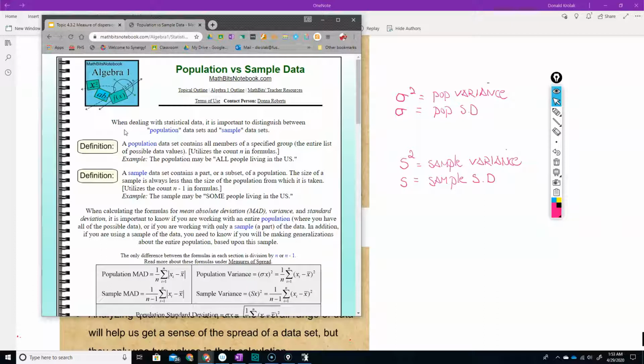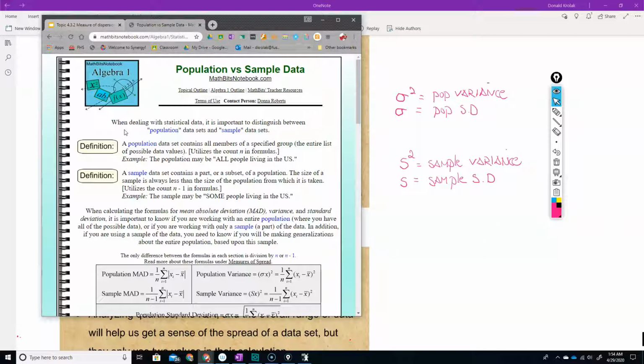Now, if I wanted to use our IB math class as a way to estimate the height, or to get a statistical analysis of the height of juniors at Florence High School, instead of measuring every junior at Florence High School, I'm going to just measure the students in my class, and then use that to make a generalization about all of the juniors at Florence High School. That is a sample.